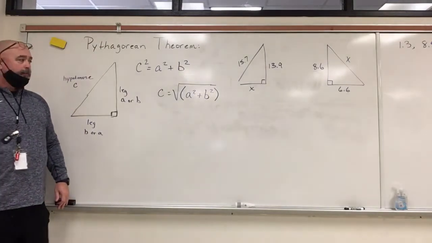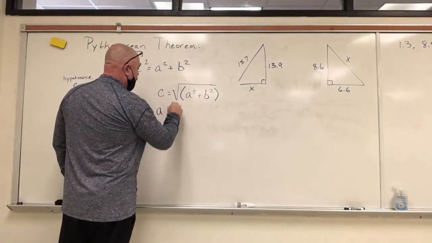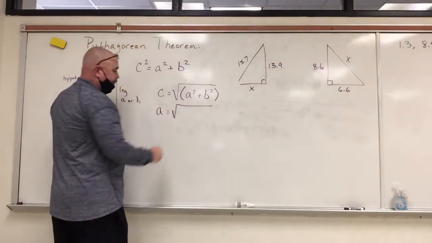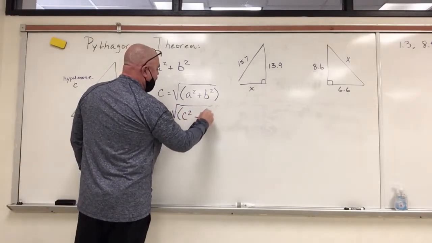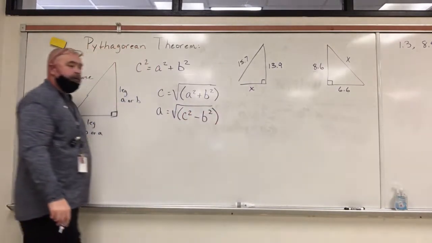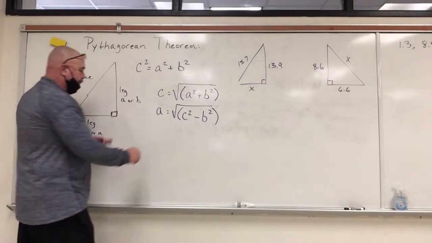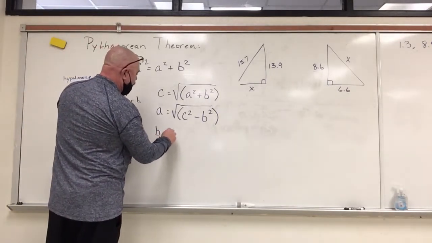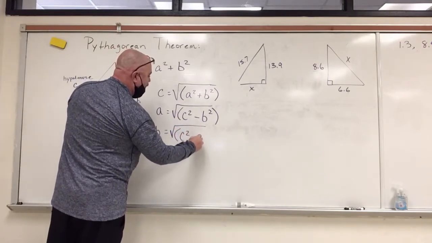Simple enough? a is equal to the square root of (c squared minus b squared). Just take my word for it. And b is equal to the square root of (c squared minus a squared).